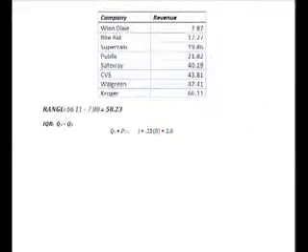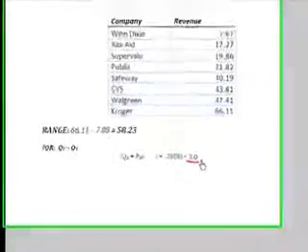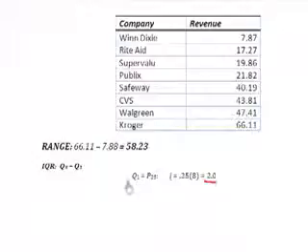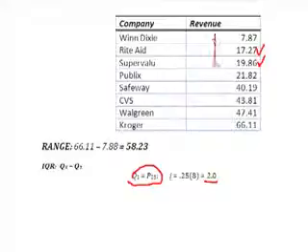Alright, so we know that because we have a whole number value of 2, Q1 is located between the second and the third point in our data. See how these are organized and have been sorted from smallest to largest?